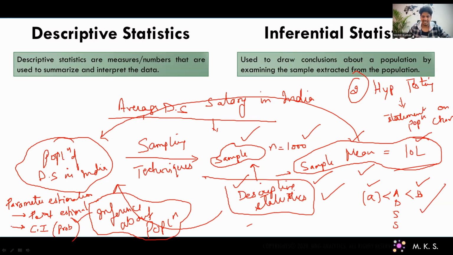Now, if they claim that the average data scientist salary in India is 12 lakh, and you have to decide whether their claim is right or wrong, you can make that decision using the hypothesis testing procedure, guys. We will also learn that. But the idea here is to understand the key difference between descriptive and inferential statistics. I hope you understood using this example, guys.